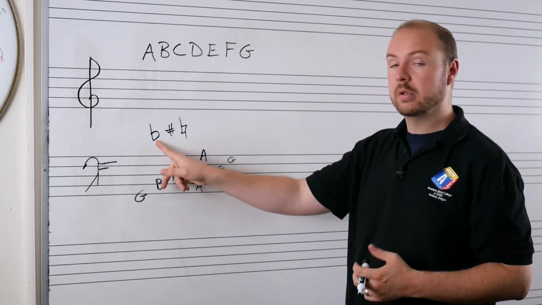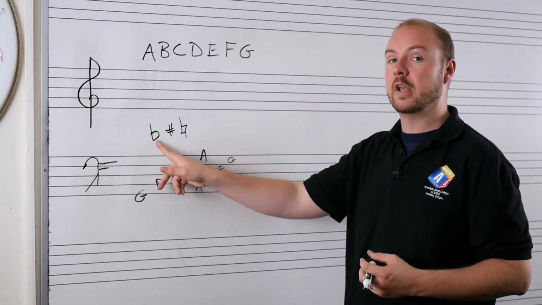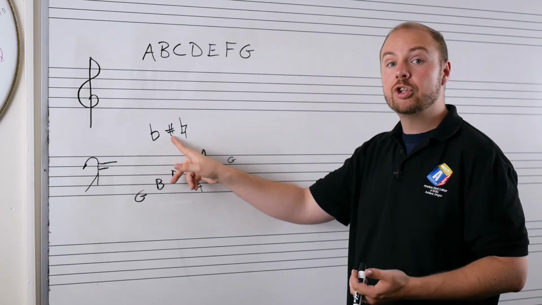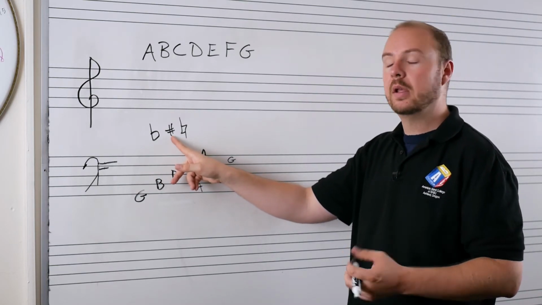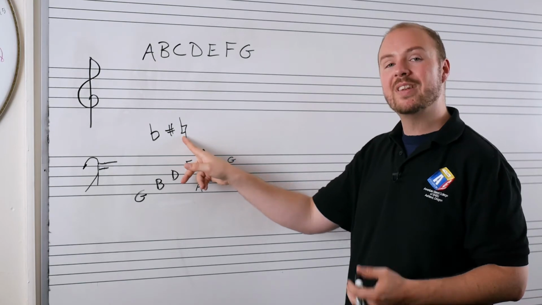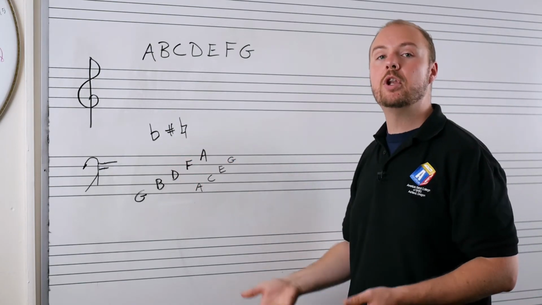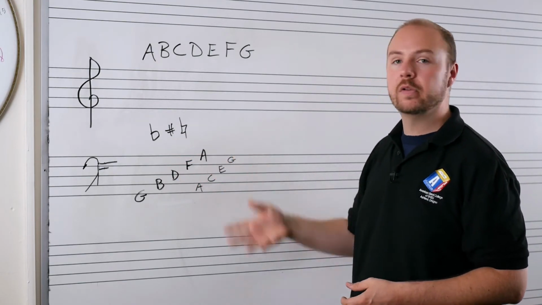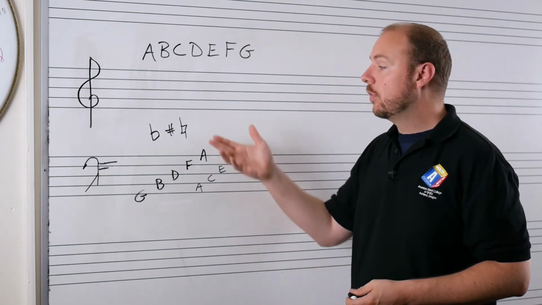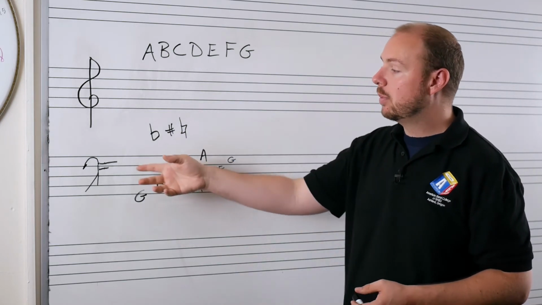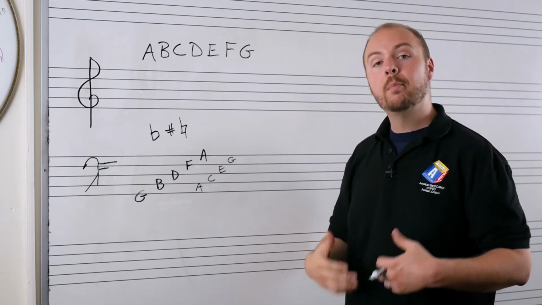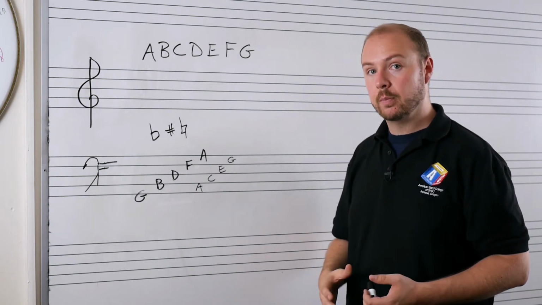This symbol is a flat symbol, and it lowers the sound. This symbol is a sharp symbol and it raises it. And this symbol is what we call a natural symbol. It brings the note back to its original sounding pitch. These symbols show up in what's called a key signature, but that's a discussion for another video.